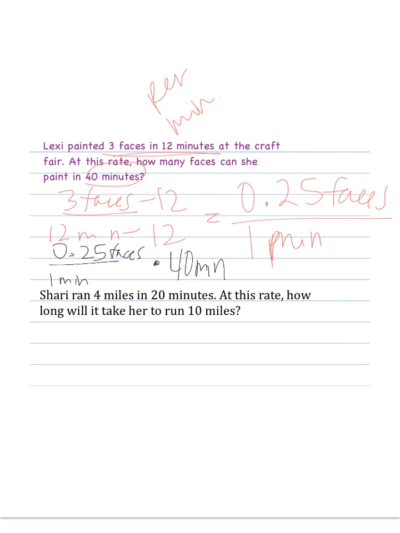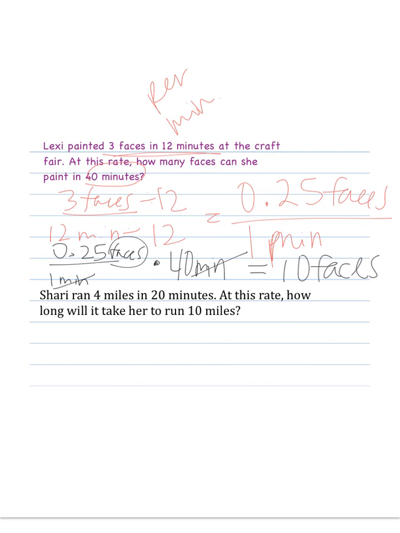I have my labels on here because I want to show that we have the minutes on bottom and minutes on top here. They cancel, so when we take 25 hundredths faces times 40, we get 10, and we have a label of faces left, so 10 faces. This tells us that she can paint 10 faces in 40 minutes.